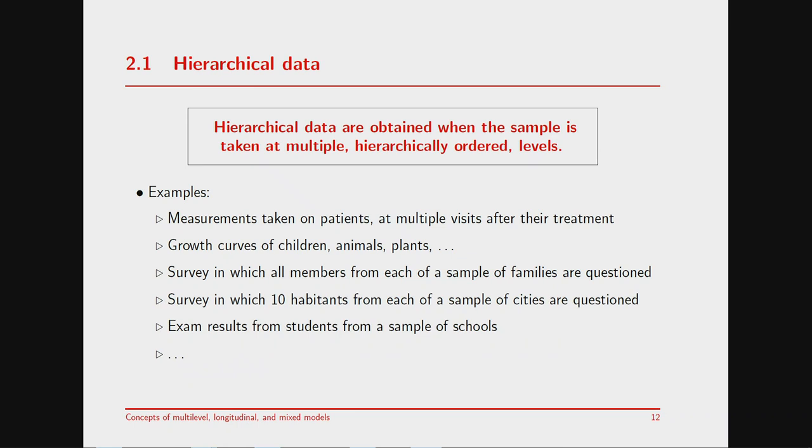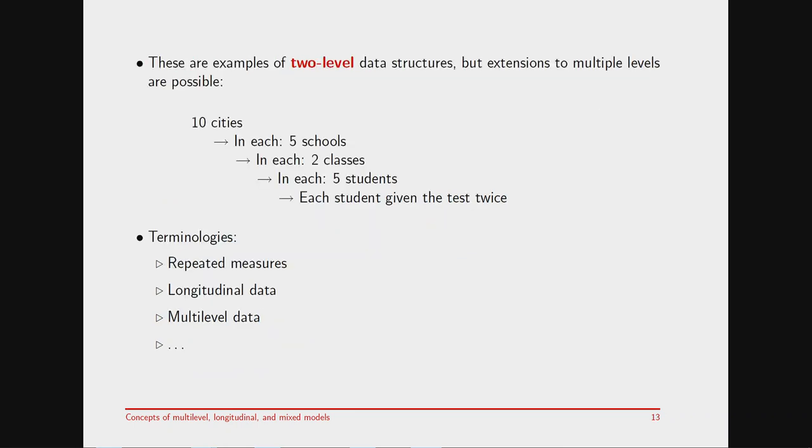But apart from that, the same class of models can be used, as we will see in many of our examples. So people talk about repeated measures, longitudinal data, multi-level data. You now know why that is. They basically all refer to the same class of data structures.